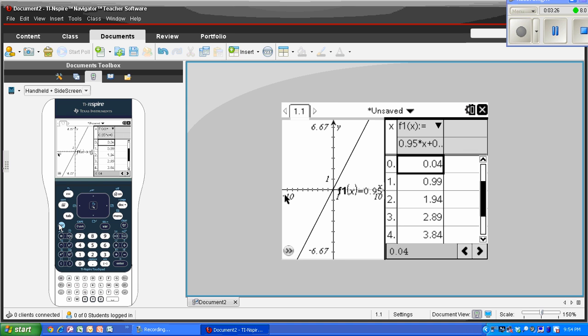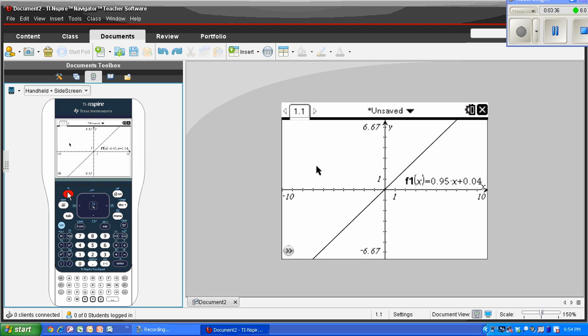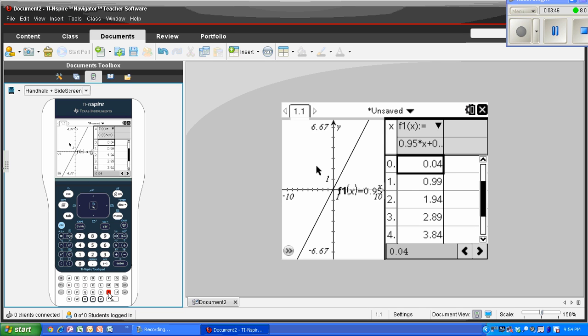So if you press control tab, now your graph is highlighted. If you try to escape out of it, control escape, and then your table is gone. So you have to make that switch from graph to table, table to graph.